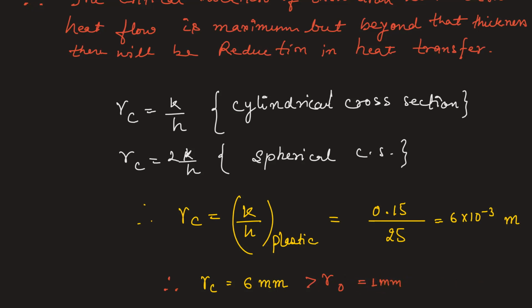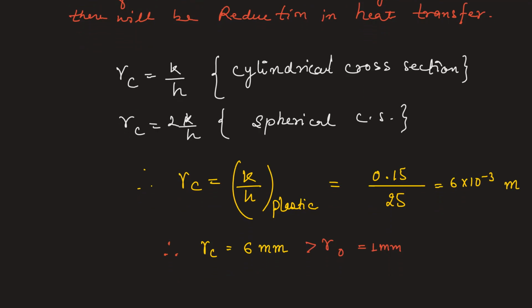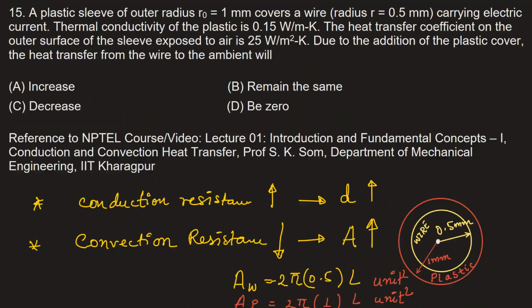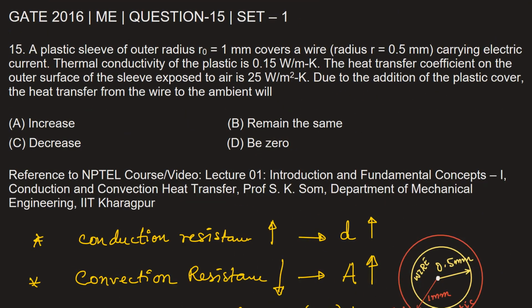Therefore, the addition of plastic increases heat transfer. That increase will be up to 6 millimeter, beyond which it will decrease the heat transfer. Okay, because the critical value of radius we have got is 6 millimeter. So from here we can say option A is the correct choice.